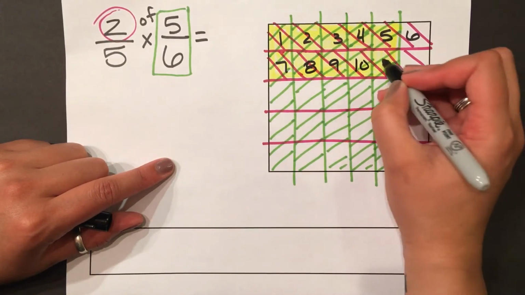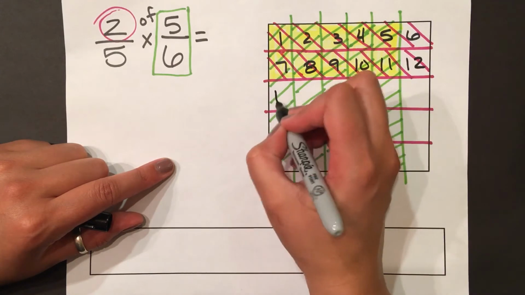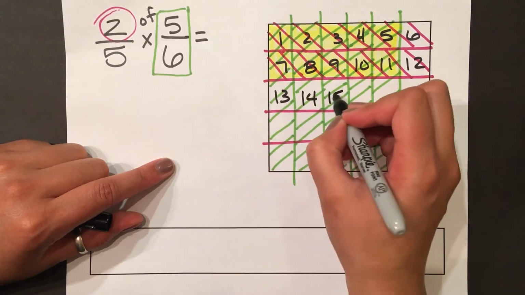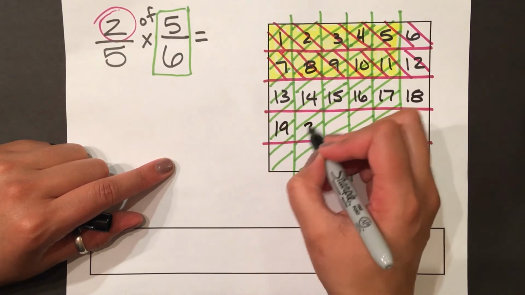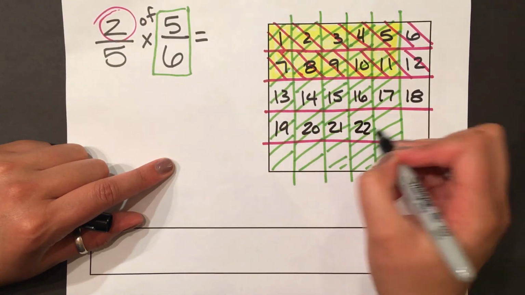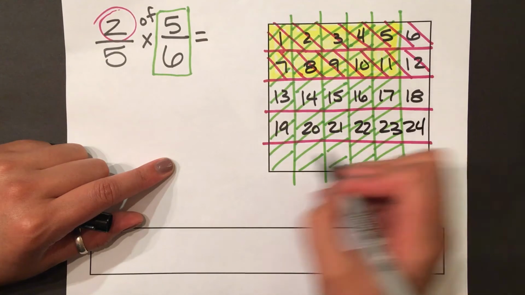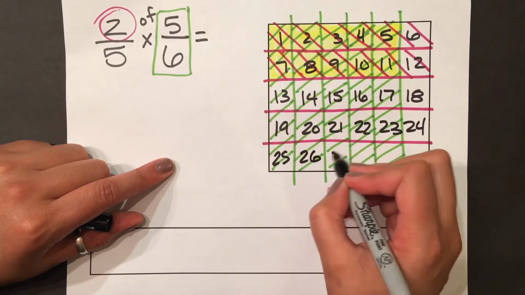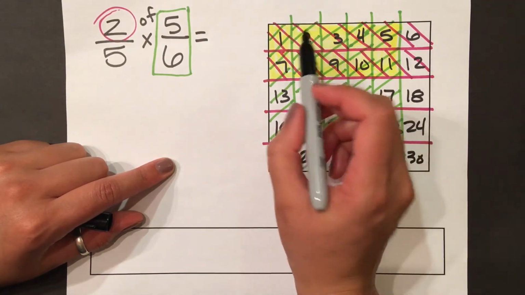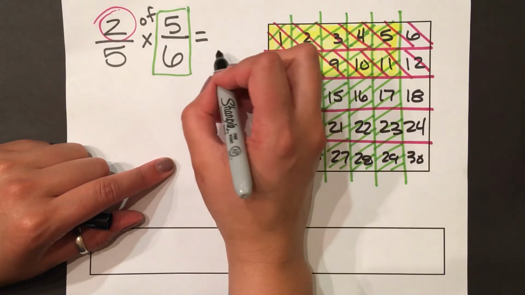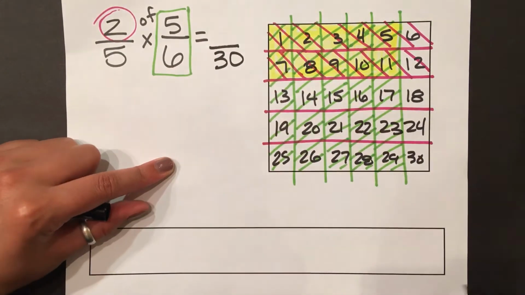So now we're going to try to figure out how many pieces there are. There are how many pieces total? 30.